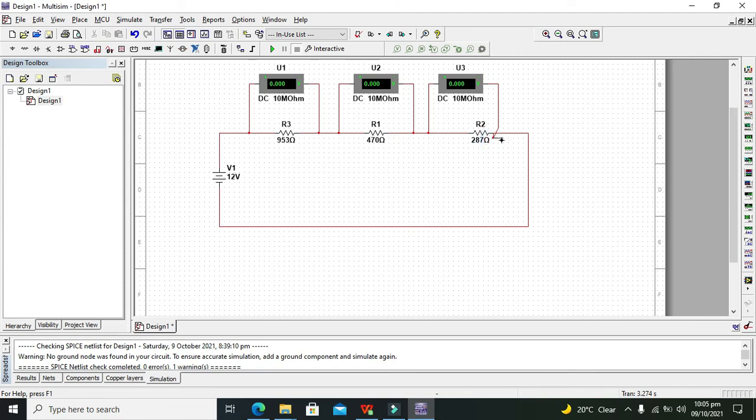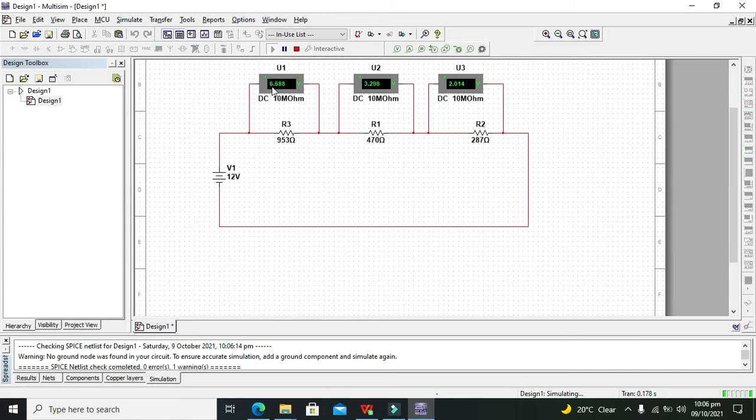Okay, and if there is current measurement, then it must be through the circuit or through the point. But if there are voltages, then we have to measure them in parallel, or parallelly across. So now we need to run it, and it can take a bit of time.